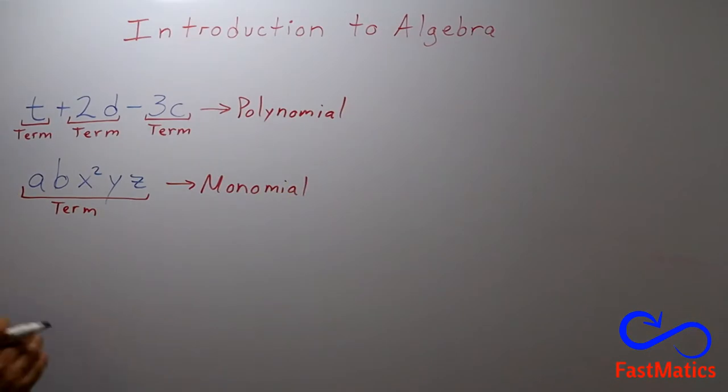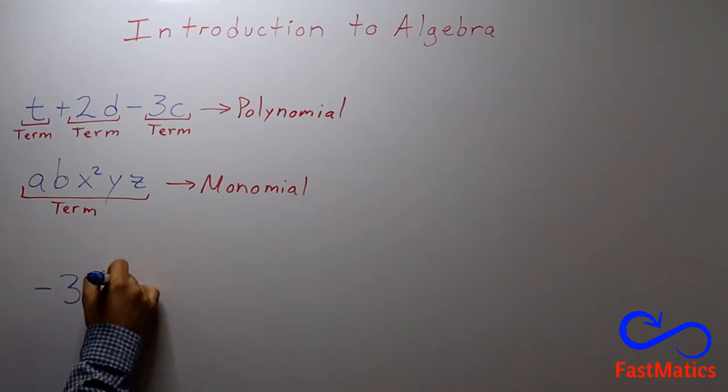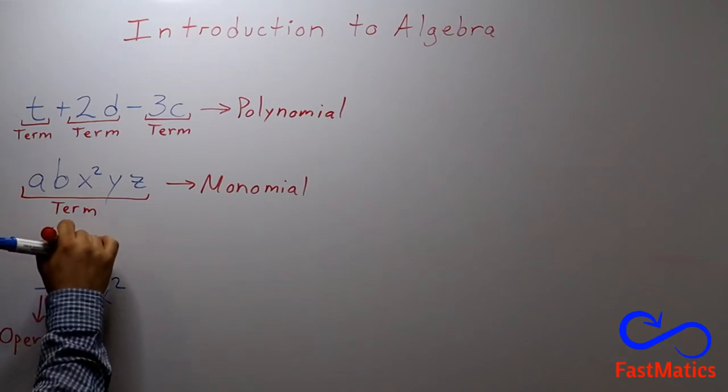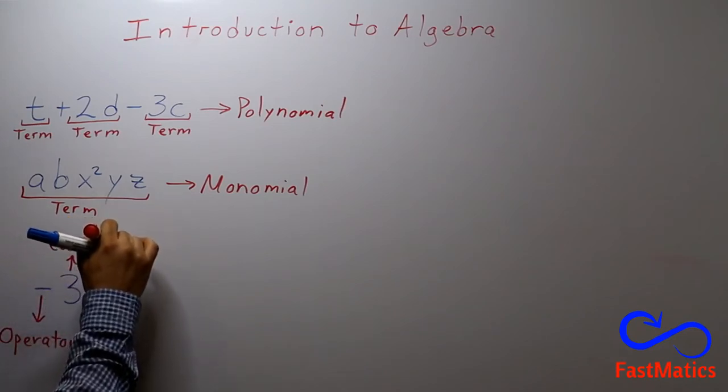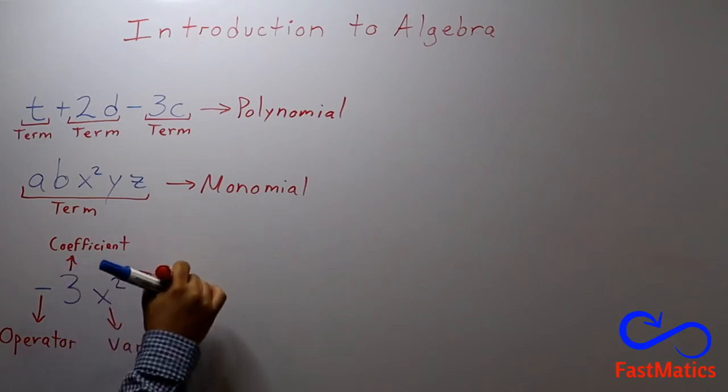Now, we have to say that an algebraic expression has an operator, a coefficient, a variable part, and an exponent. The operator, the coefficient, the variable part, and the exponent.